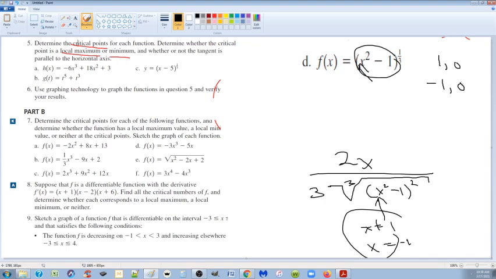So right away we have two x-intercepts, right? So drawing it right away, we discover that we're going to have a dot here and a dot here. Okay, so that's interesting.